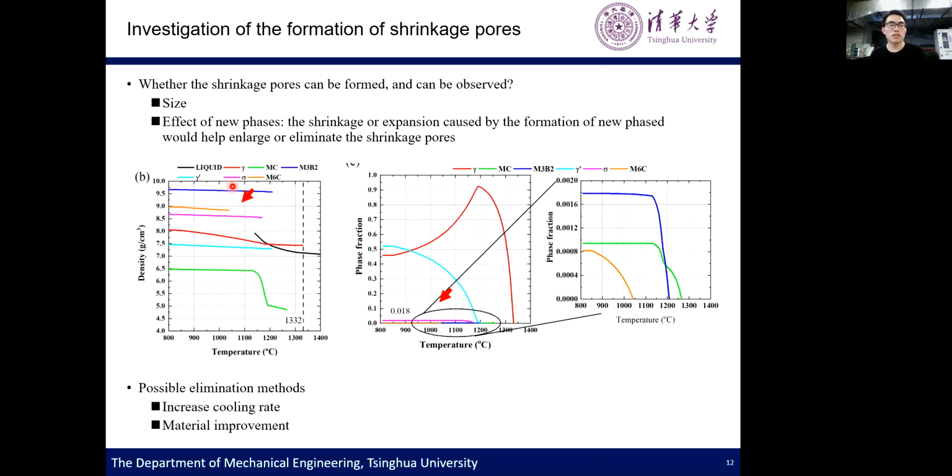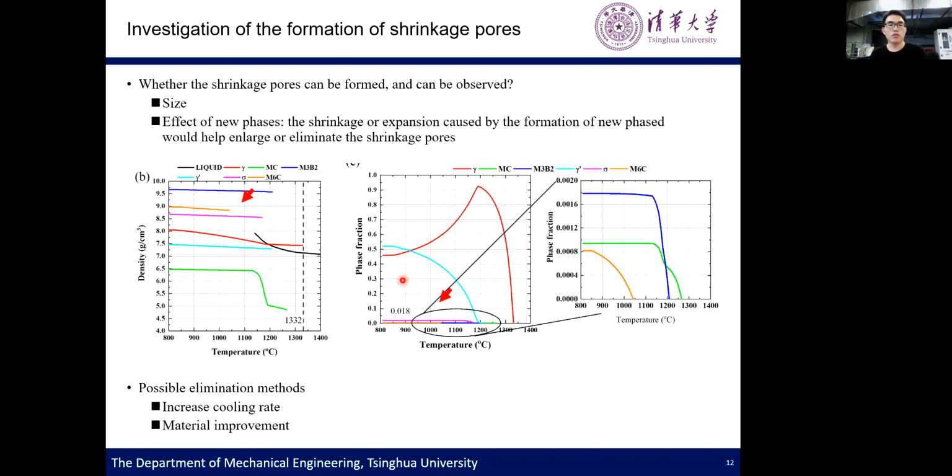And the sigma phase has a higher density, so its formation causes shrinkage. So the shrinkage and expansion caused by the formation of these phases can enlarge or eliminate the shrinkage cage pores. Since the gamma prime phase has a much higher fraction, expansion would eliminate the shrinkage cage pores with small size.